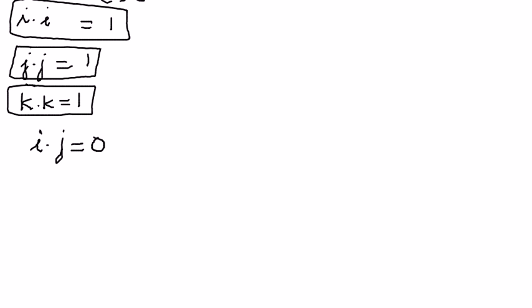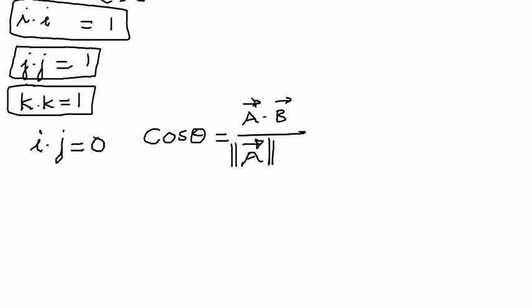According to what we know, the cosine of an angle between two vectors is given to us as vector A dot vector B divided by the magnitude of vector A times the magnitude of vector B. That is the formula which we have talked about, or that is one of the properties which we talked about.